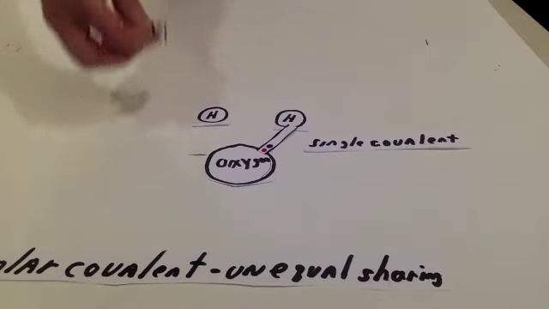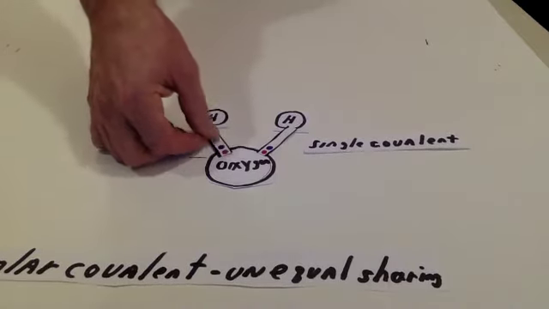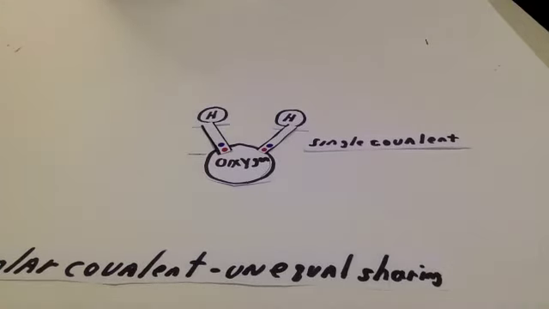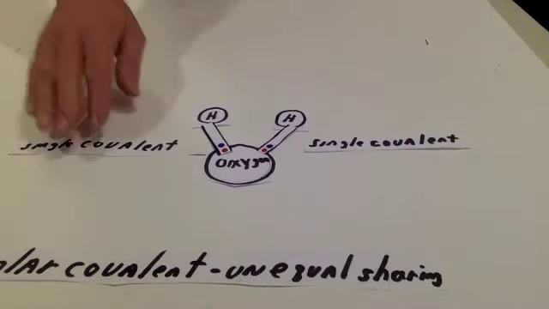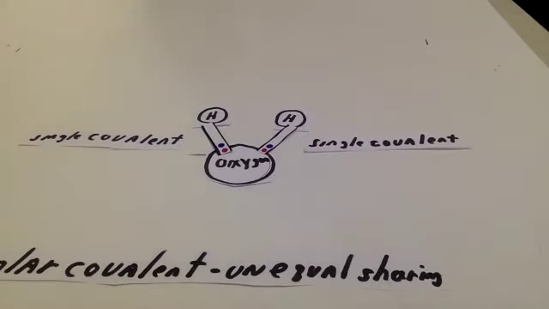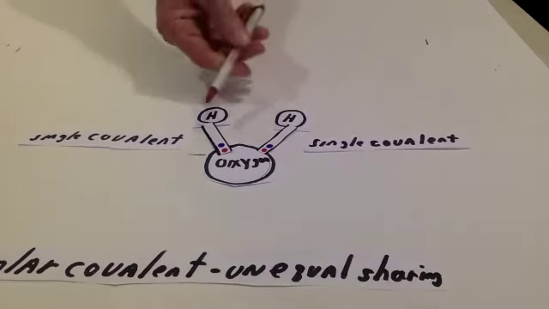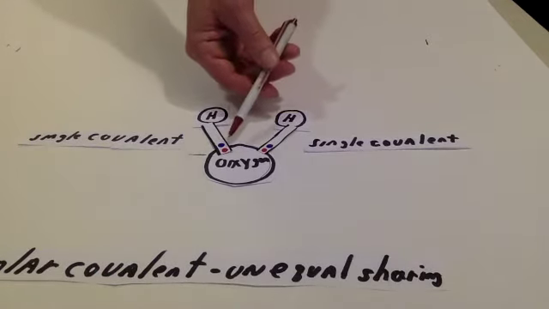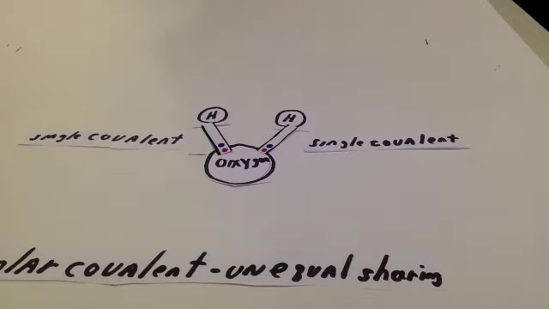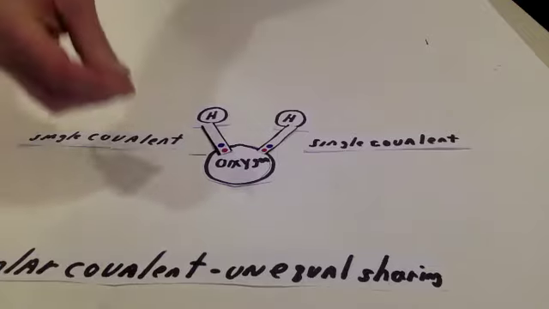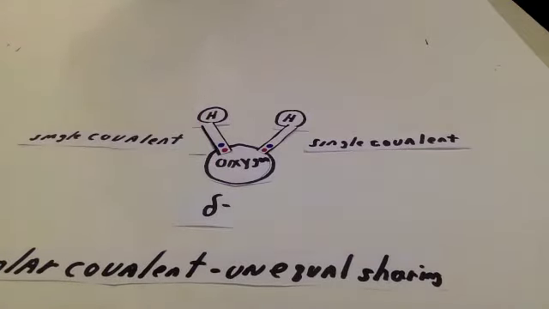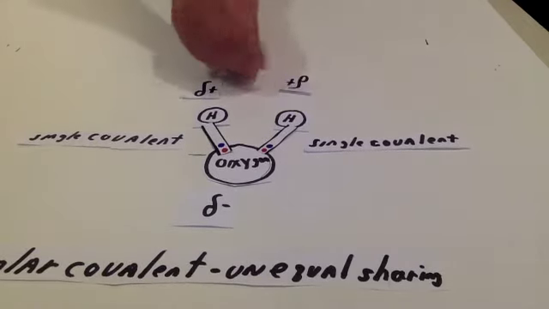Let's put in the other single covalent bond between oxygen and hydrogen. And again, we have a sharing of electrons, but it's not equal sharing. We can see that the electrons are closer to oxygen. So oxygen is going to have that slightly or partial negative charge, and the two hydrogens are going to have a slightly or partial positive charge.